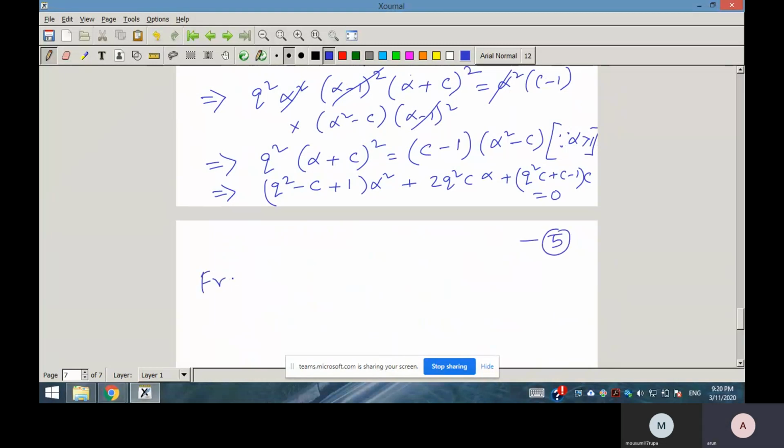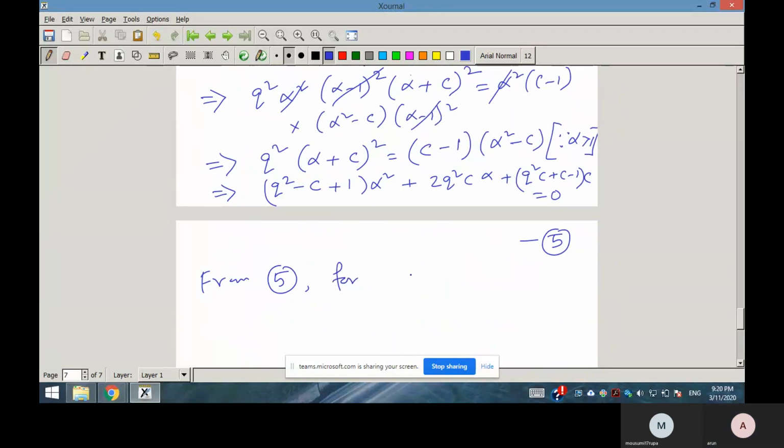So from 5, if you compare this equation with the standard quadratic equation ax square plus bx plus c equal to 0, then for a positive solution, because alpha is anyway positive, what should be the condition for a positive solution to exist?